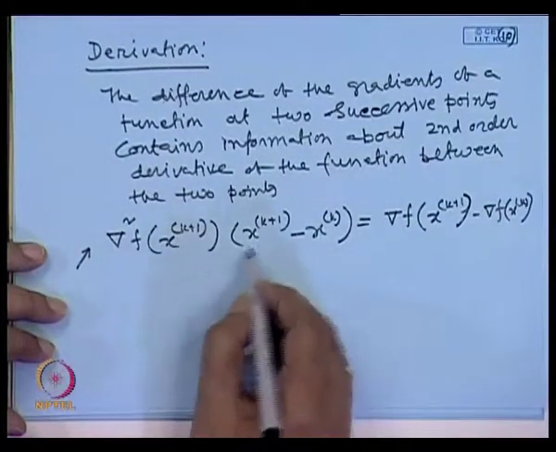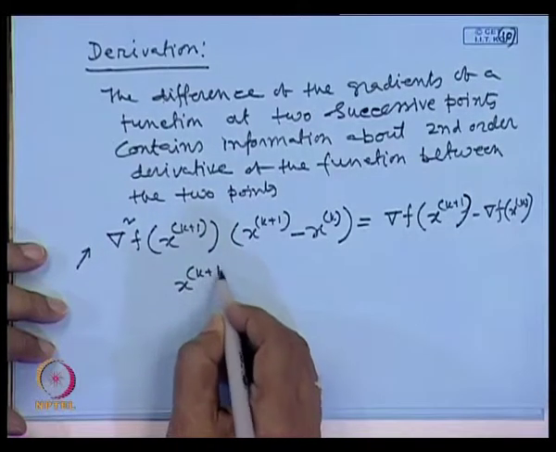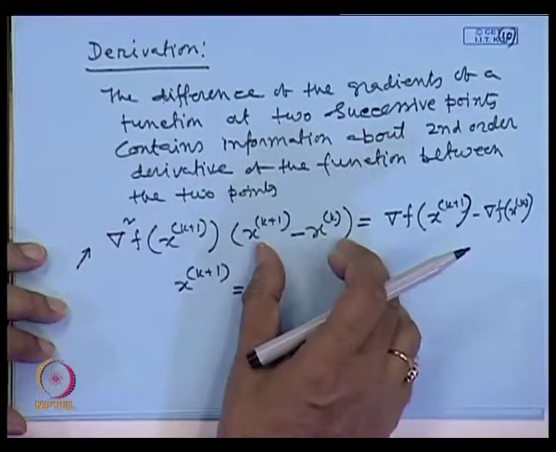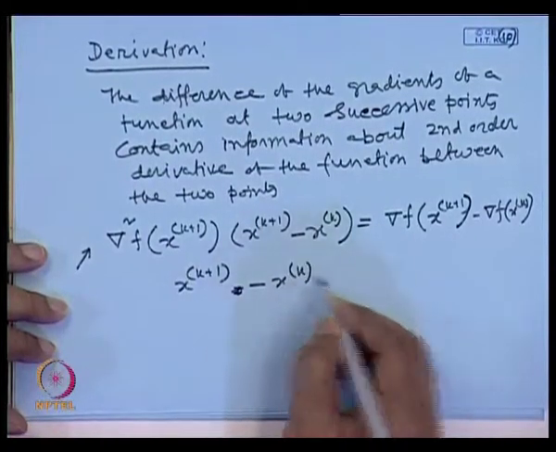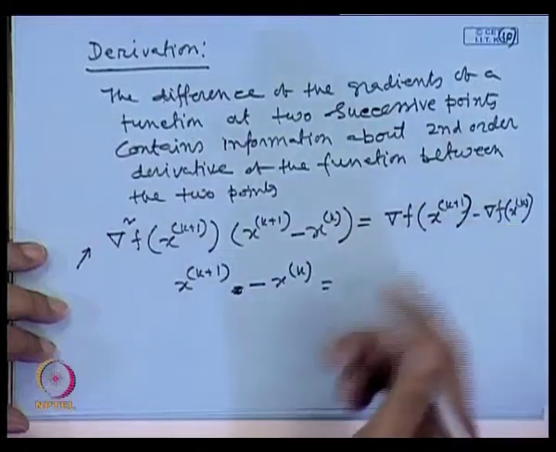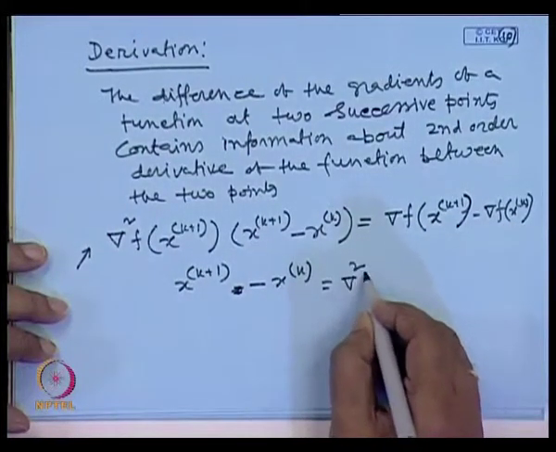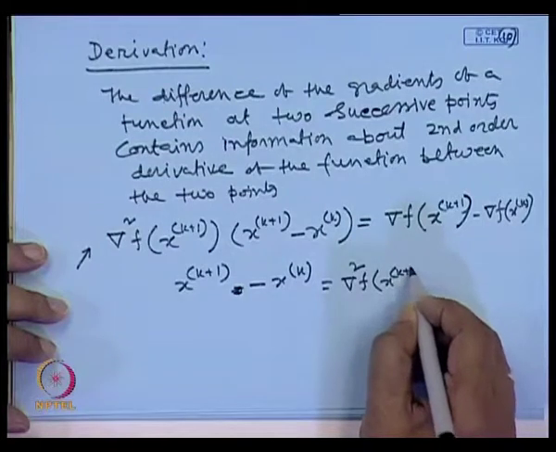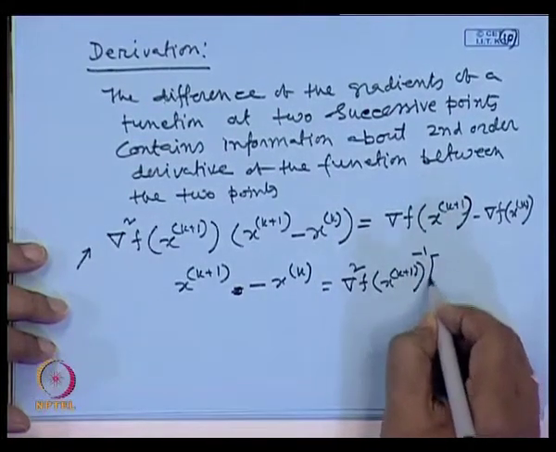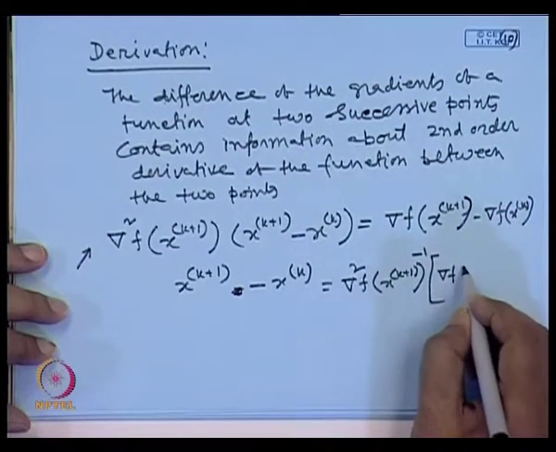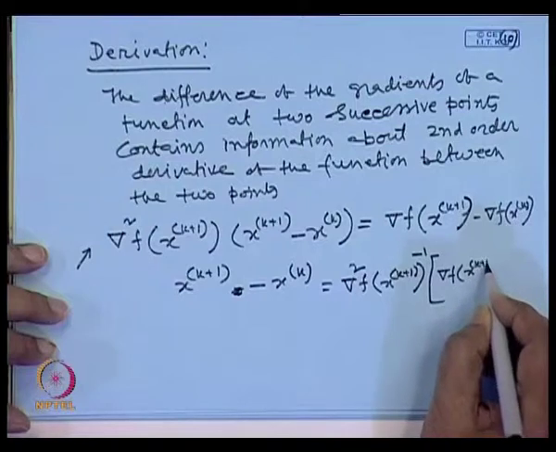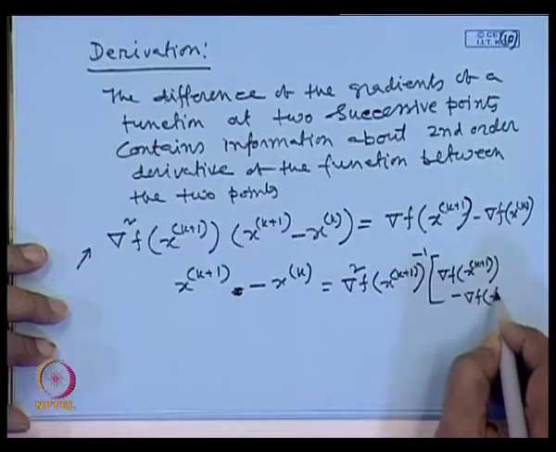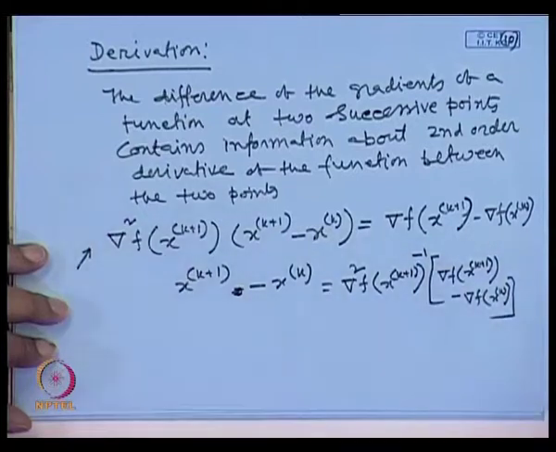So, what we can do now: x^(k+1) minus x^k is equal to, taking that to the other side, the Hessian matrix, the second derivative of the function at the (k+1)th iteration, inverted, multiplied by the difference in gradient values at two consecutive points, del f of x^(k+1) minus del f of x^k.